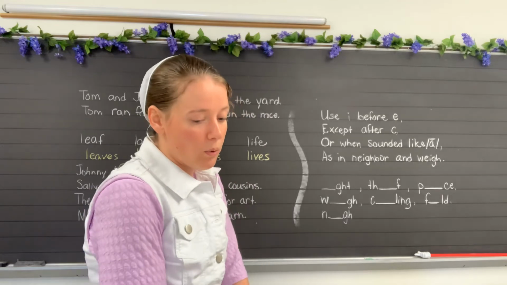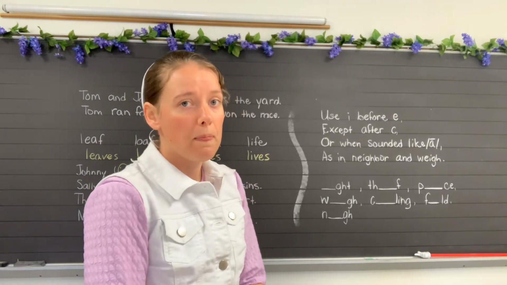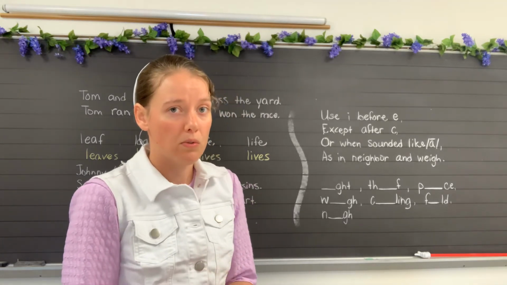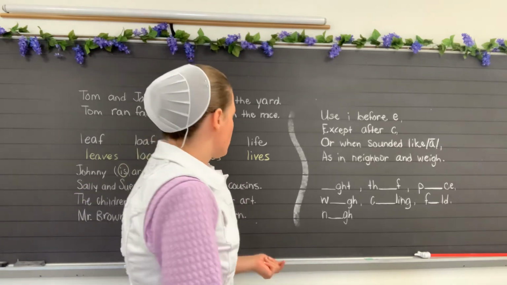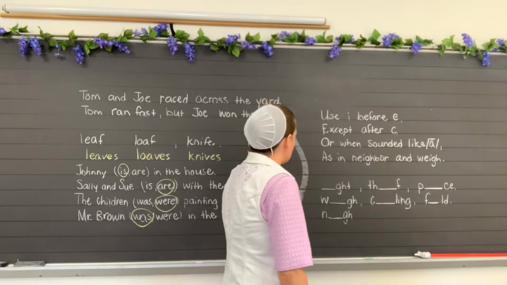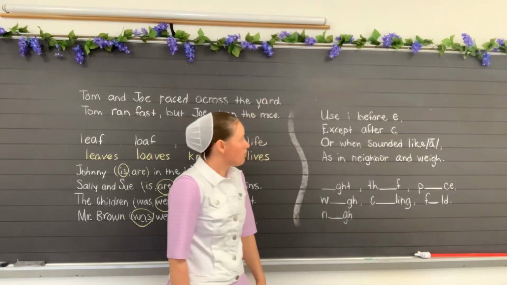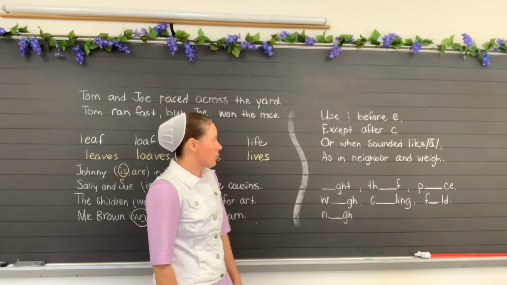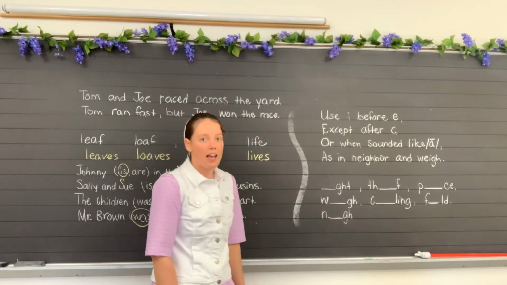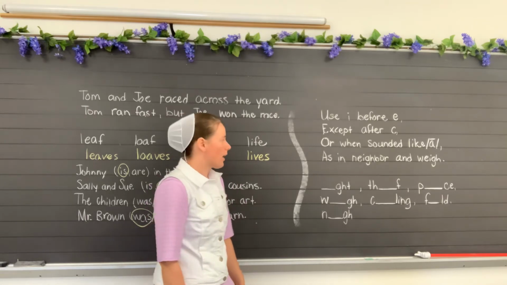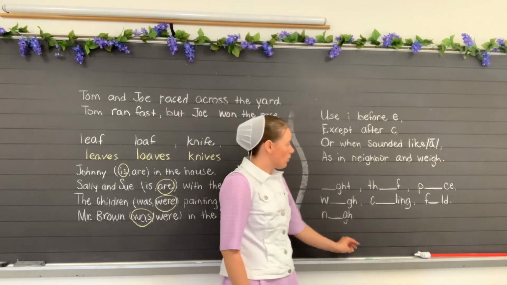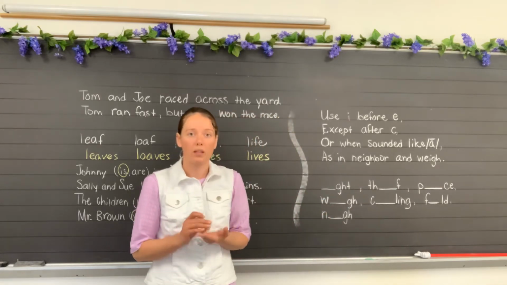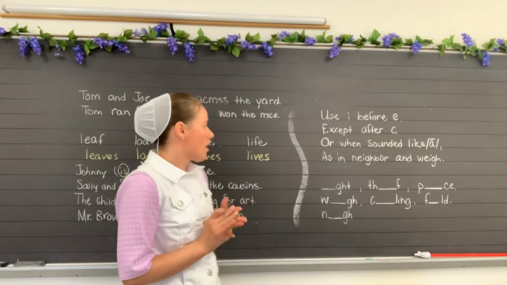Let's now look here on the board and we're going to review when to spell EI or IE. So we have a little rhyme here. It says, use I before E except after C, or when sounded like A, as in neighbor and way. So we have words here that we need to fill in with EI or IE.